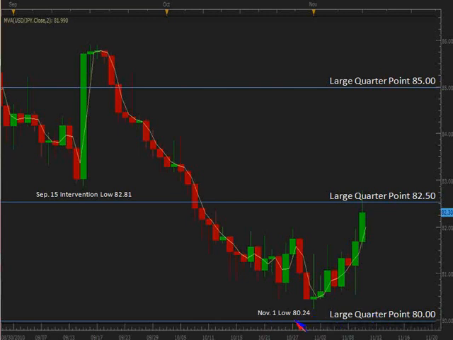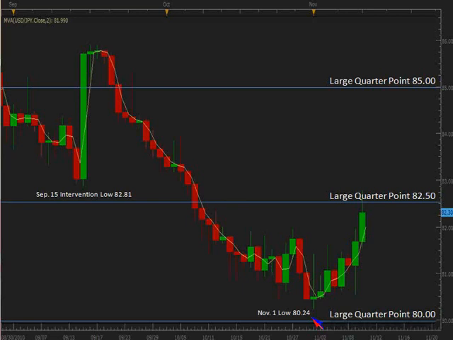On November 1st, prices reached as low, depending on what charting platform or data feed you're using, I have several, one of them the quote was 80.23, others was 80.25. As long as prices, see, what we do not ask from prices is to reach a targeted large quarter point exactly after the pivot.